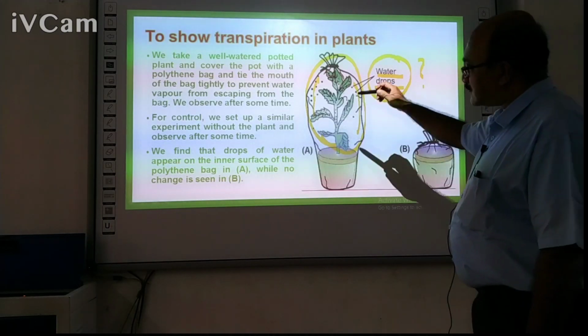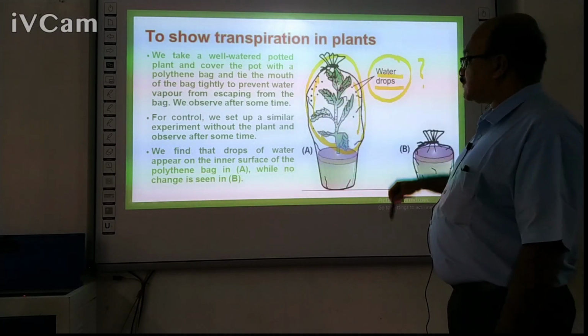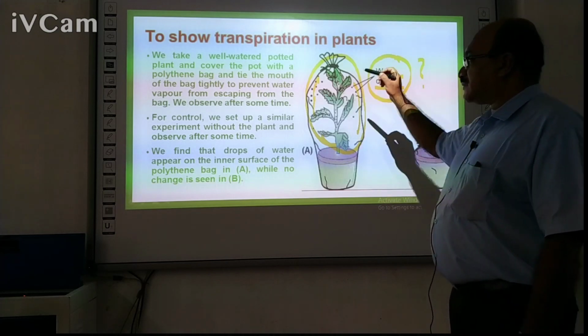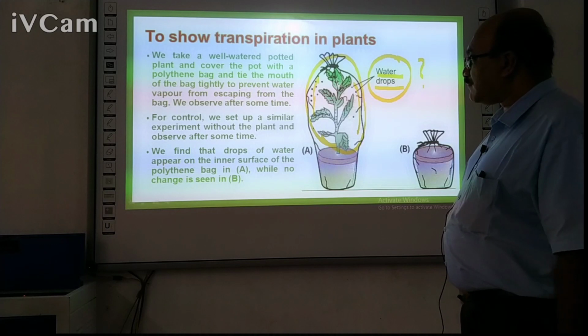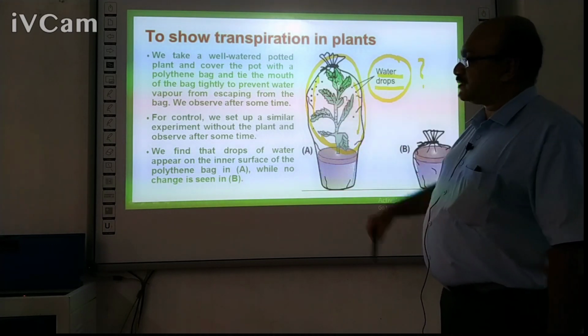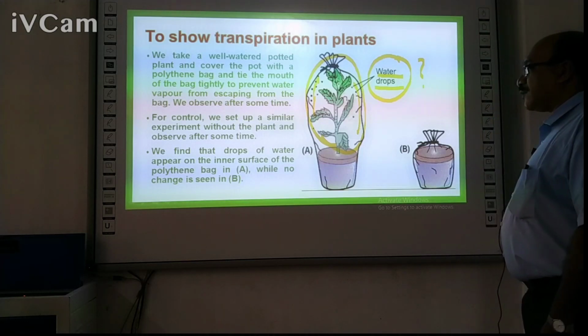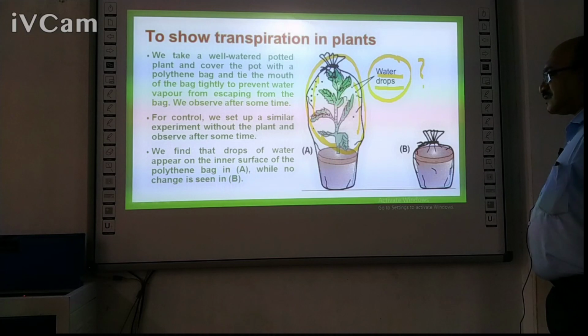As they accumulate, we find them as water droplets. This shows that the plant loses water in the form of water vapor. But in the second one, where there is no plant, no such accumulation is seen.